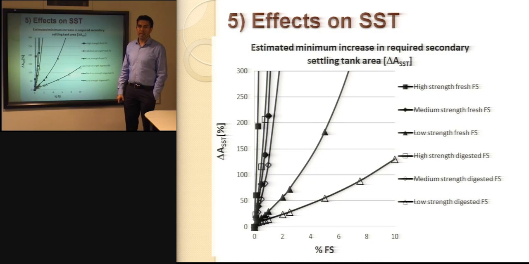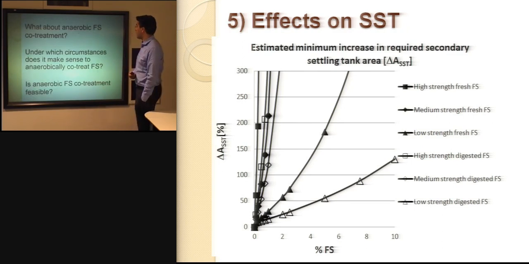So any discharge of fecal sludge, because of the high accumulation of solids, will imply that the area required for the secondary settling tanks needs to be increased considerably. And in most of the cases, these characteristics cannot be foreseen by a designer, and very likely, if the plant is already built and fecal sludge starts to be discharged, very likely the plant will be affected by some or most of these factors.